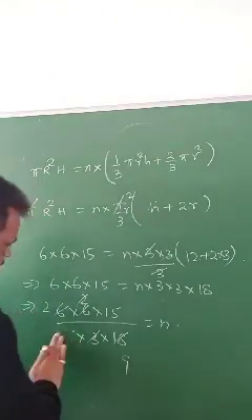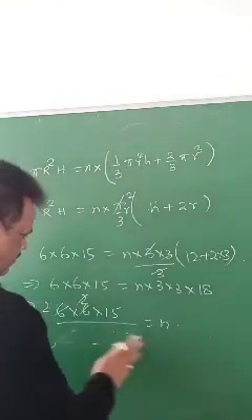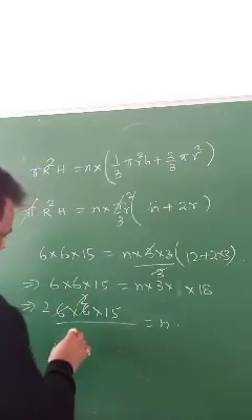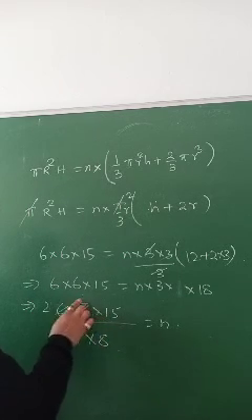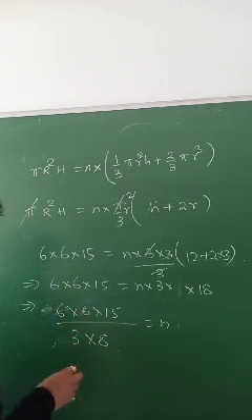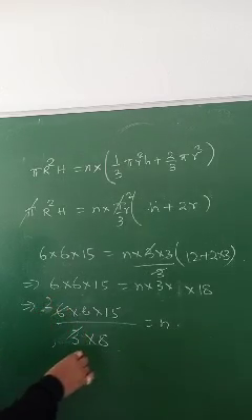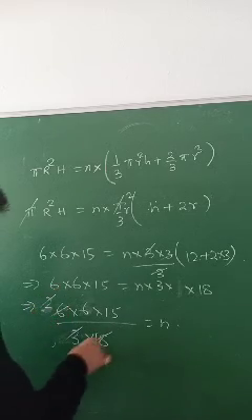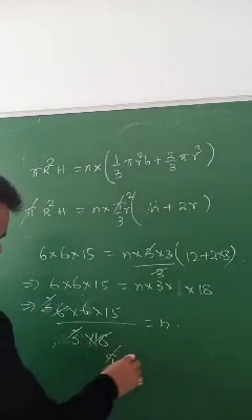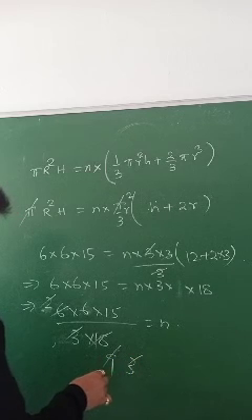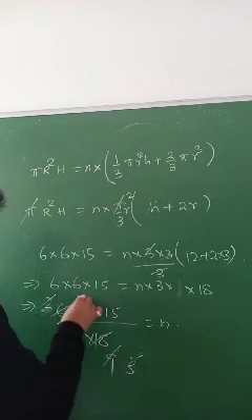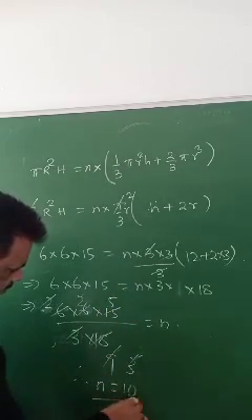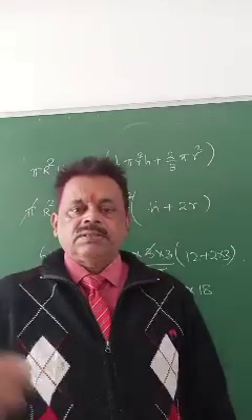So only 1 by 3 will come out. So 3 and 18 will come. So 3 2s are 6, there is 6 here, 2 9s are 18, 3 3s are 9, 3 3s are 9, 3 2s are 6, 3 5s are 15. Therefore n is equal to 10. Okay, so remaining will do tomorrow.